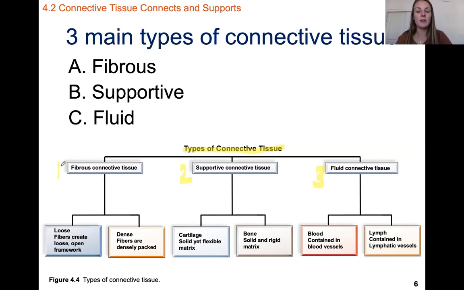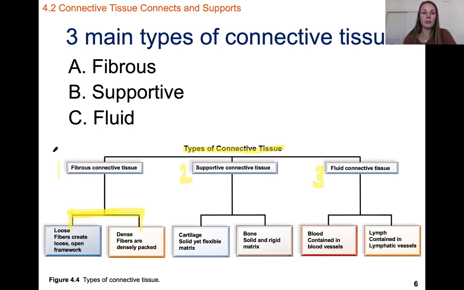Under fibrous, the different types of fibrous tissue that you can have are loose and dense. The loose fibrous connective tissue creates a loose, open framework, and dense are fibers that are densely packed. That's all you really need to know about this section of fibrous connective tissue, that there's loose and dense.